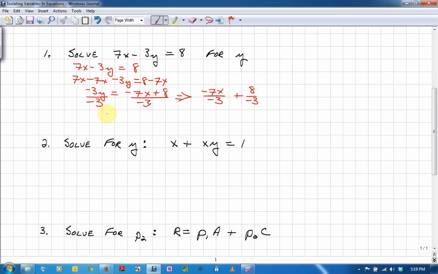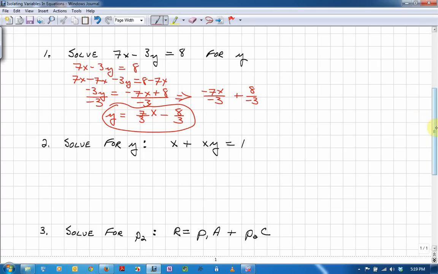Simplifying that, I have the y alone now, and on this side I'll have 7/3 x, because a negative divided by a negative is a positive, minus 8/3. That's my answer.